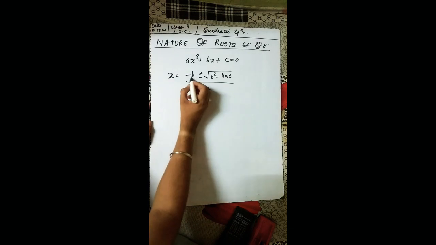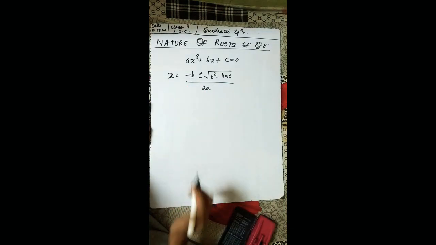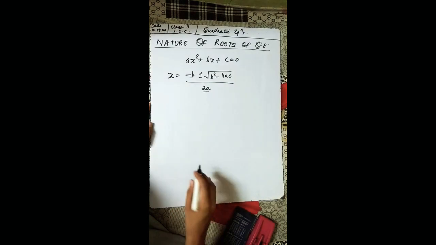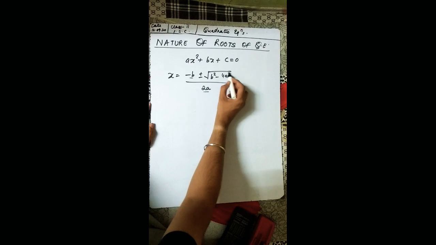Now maybe you remember or not, in the 10th class I taught you one thing, that how we can know the nature of the roots of the quadratic equation. You know, this minus b won't decide the nature, that is for sure, and neither this 2a. So the main thing is in the under root, this b square minus 4ac.